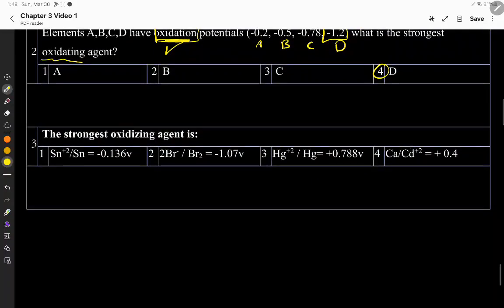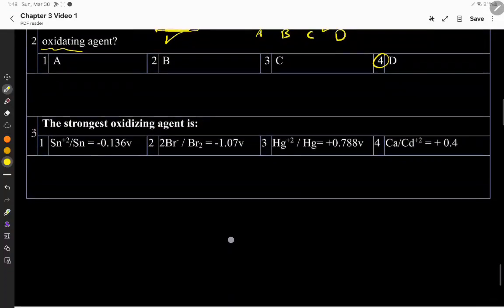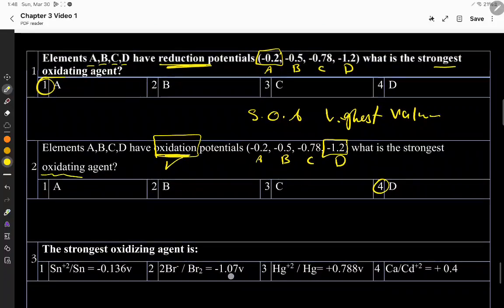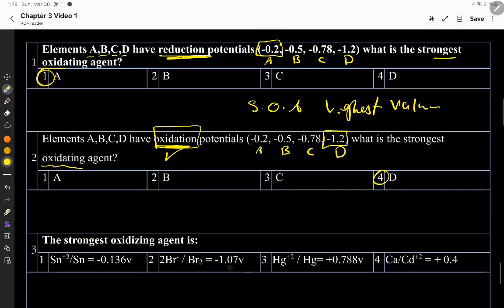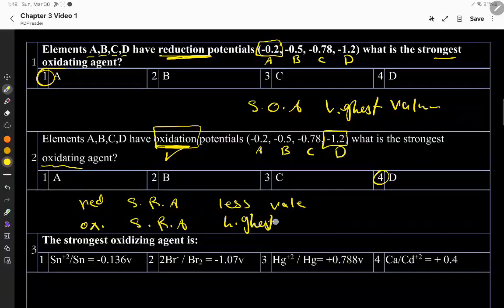Now the same if it tells us about the strongest reducing agent: we should choose the lesser value. But if it asks us about the oxidation potential of the strongest reducing agent, we are going to choose the highest value.